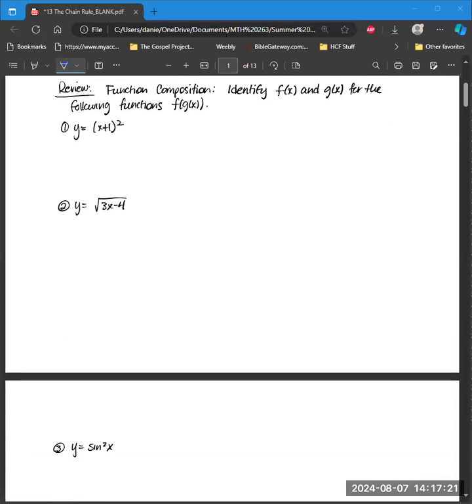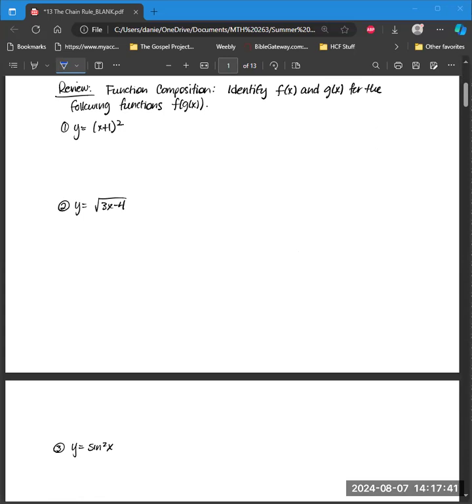Let's see here. Just as a review, with function composition, let's identify the inner and outer functions for the following function, f of g of x, then differentiate these.